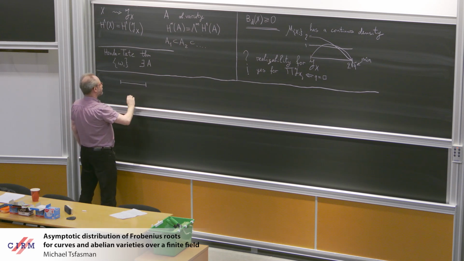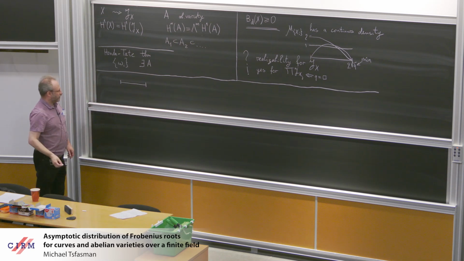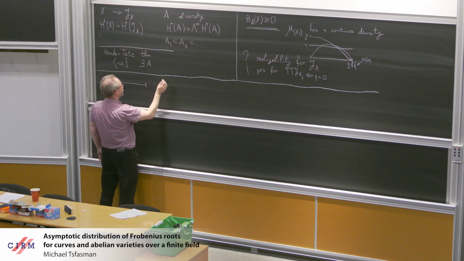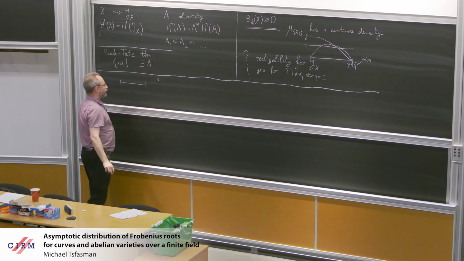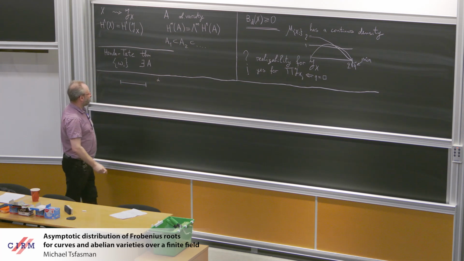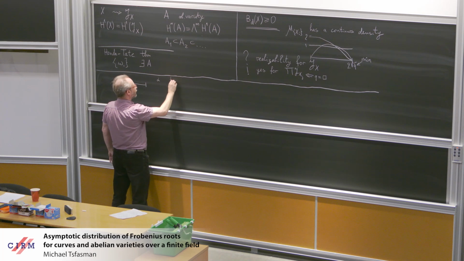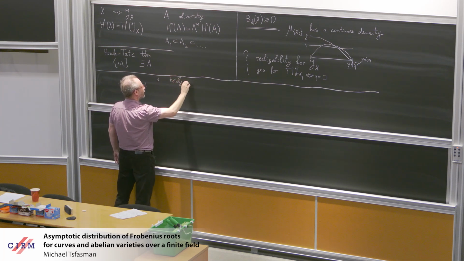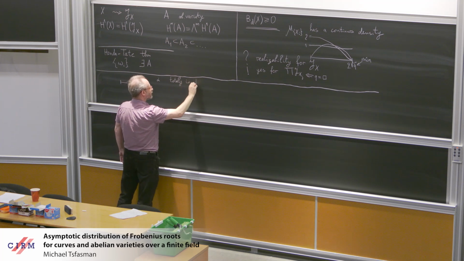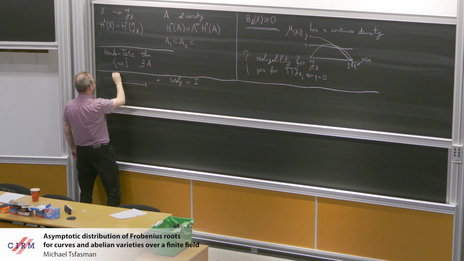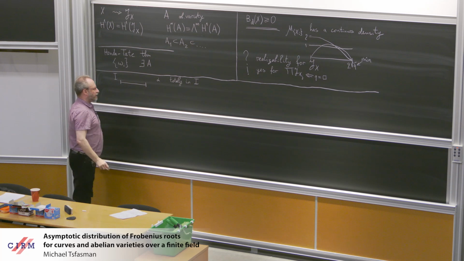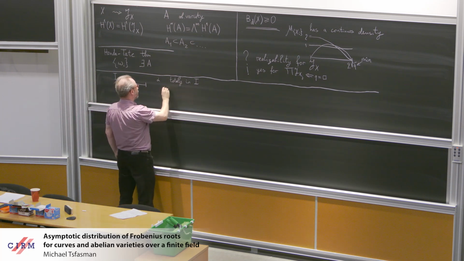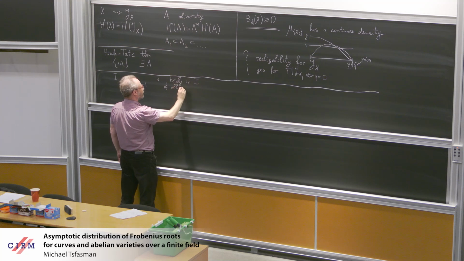And I say that an algebraic number alpha totally lies in this interval I if all its conjugates are there.